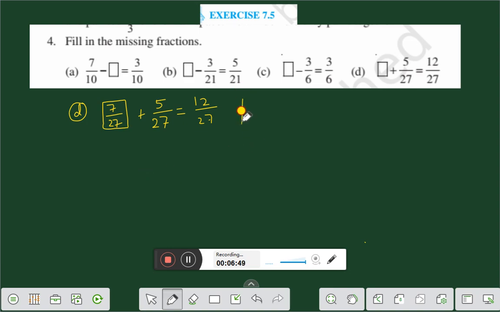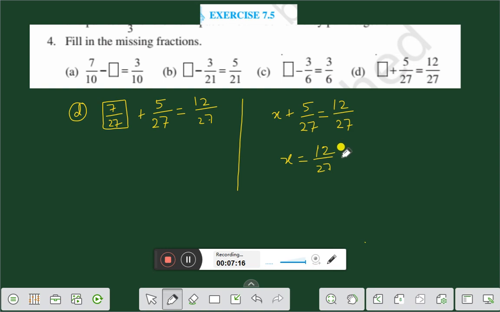Or you can do it by the second method, that is x plus 5 by 27 is equal to 12 by 27. Therefore, x is equal to 12 by 27.